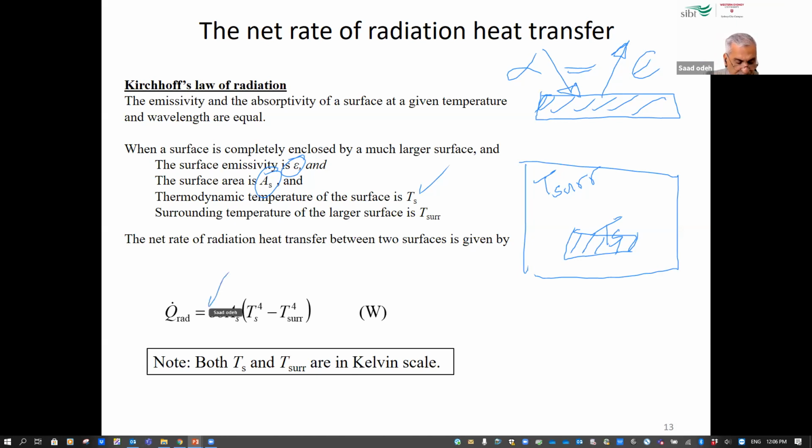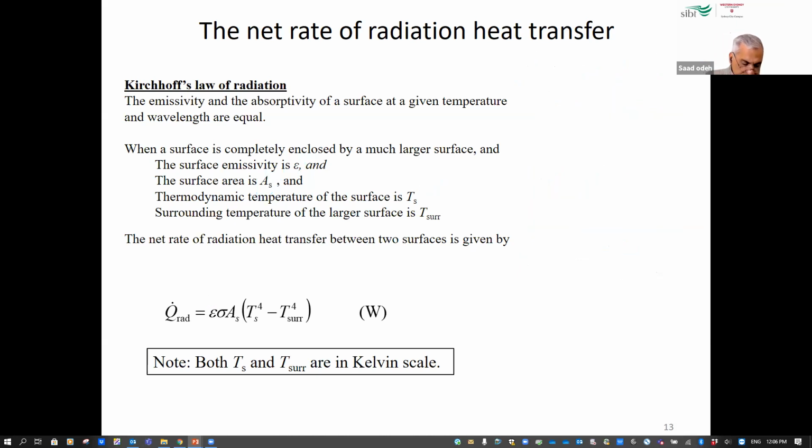We know the emissivity of the surface, and the emissivity of the surface depends actually on the type of the surface, the roughness, as well as the color of the surface. So we said the color is quite important to find emissivity, and sigma is the Stefan-Boltzmann constant, and AS is the surface area, Ts, the surface temperature, but it should be in Kelvin.